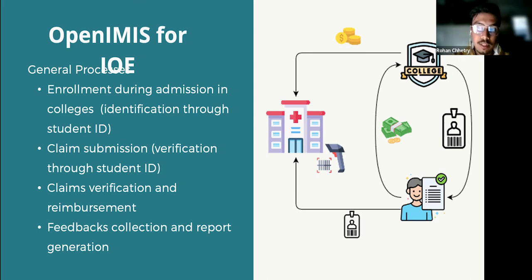The enrollment can be done for students on campus, and their yearly payments can be done with their college tuition fees. The card required for health insurance, talked about by Supriya previously, its QR code can be included in the student's own ID card, making it easier for them to utilize it.